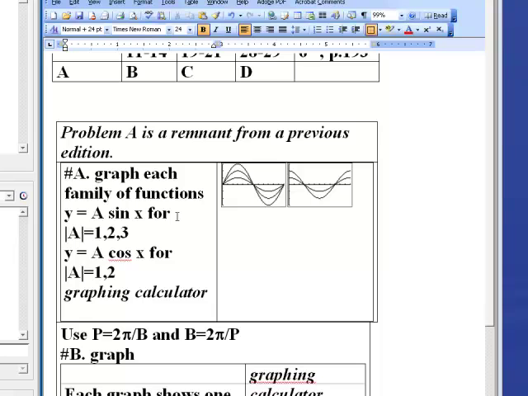It says graph each family of functions for y equals a sine x for a equals 1, 2, or 3, and then graph also the family of functions a cosine x for a equals 1, 2.